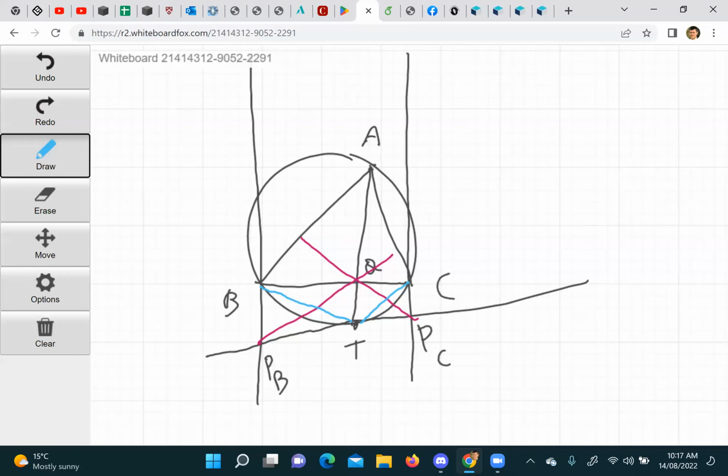The angle at Q is meant to be equal to the angle at A, right? I define Q to be where AT meets BC. So the angle between the red lines should be equal to the angle at A between the triangle. Yeah, because they're both perpendicular to the sides.